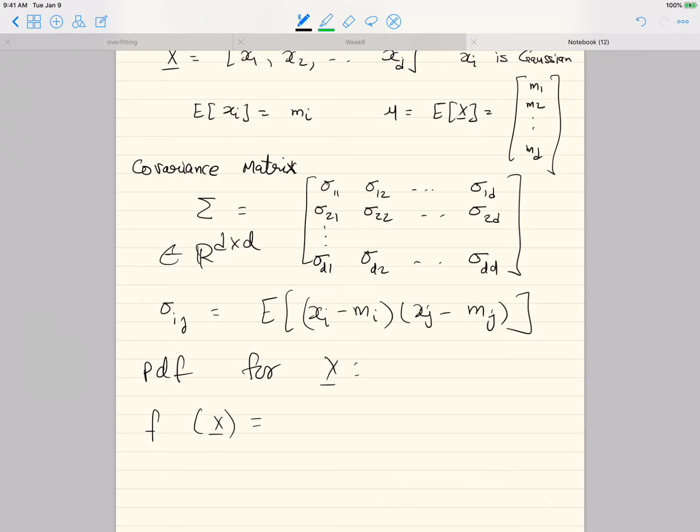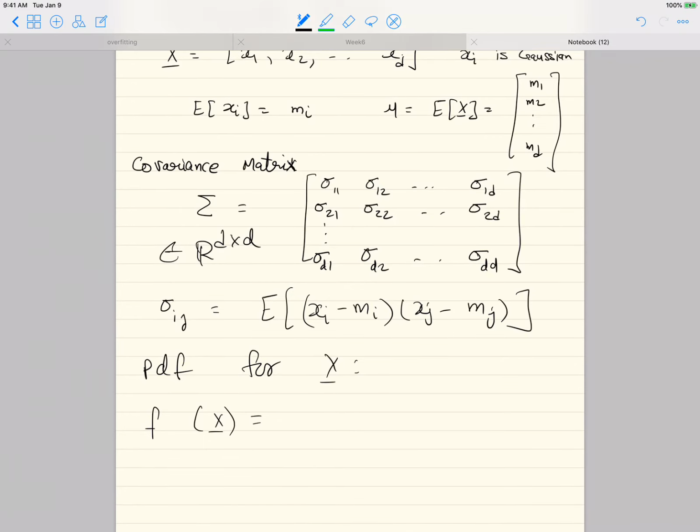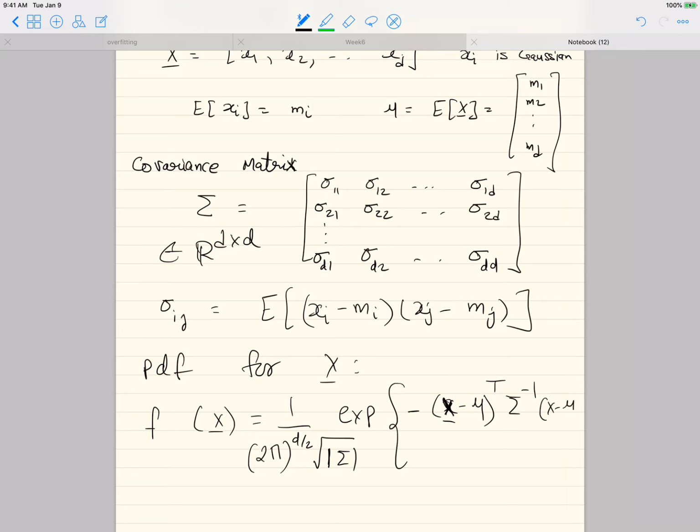Fx is given by one over 2 pi raised to d by 2 times the square root of the determinant of sigma, times the exponential of minus the vector x minus mu, transpose, sigma inverse, x minus mu, divided by 2.